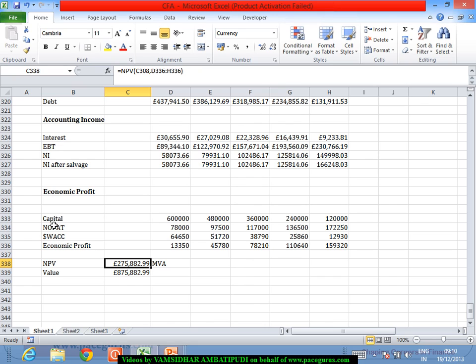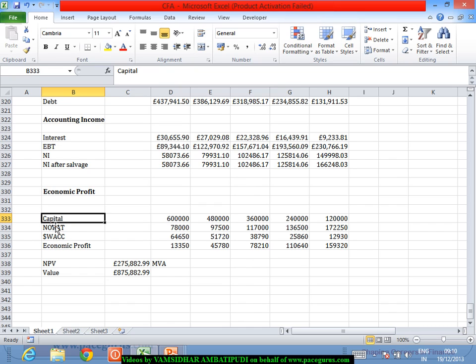Probably instead of capital I will call it asset, which would be easier for you to understand. The value of the asset is coming out to 600, 480, something like this. And dollar WACC is whatever return you are expecting on the total assets, which works out to that particular number.